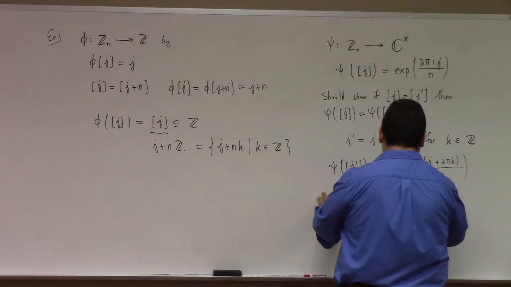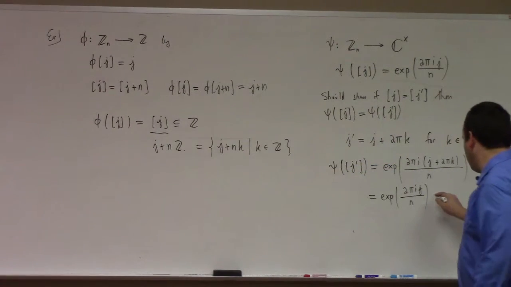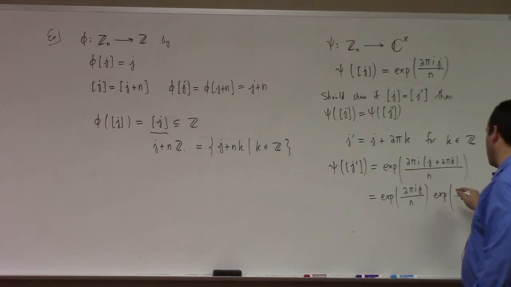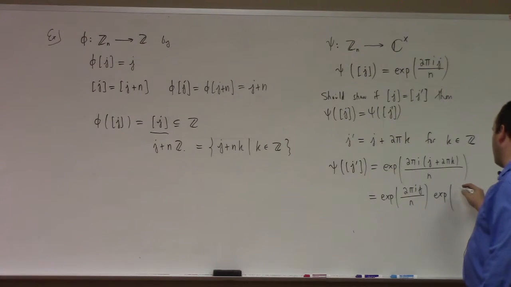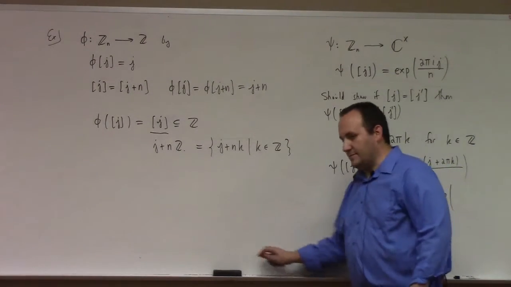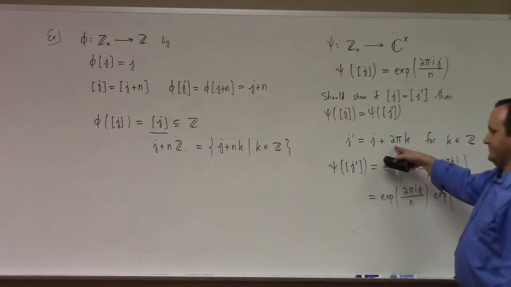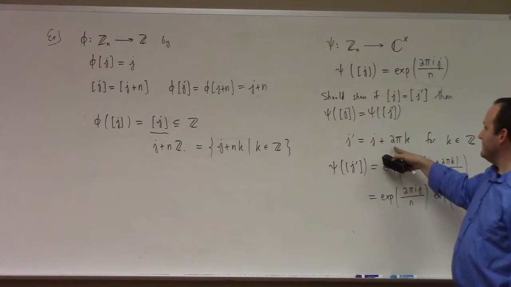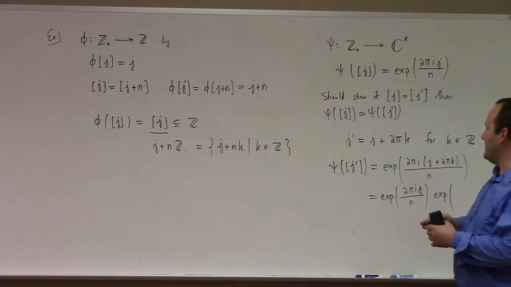So that's the exponential of 2 pi i j over n times the exponential. This is by laws of exponents, which I probably should make you guys prove. Oh, wait a minute. I was expecting it on the first test. Wait a second. This is nonsense. What does this mean?